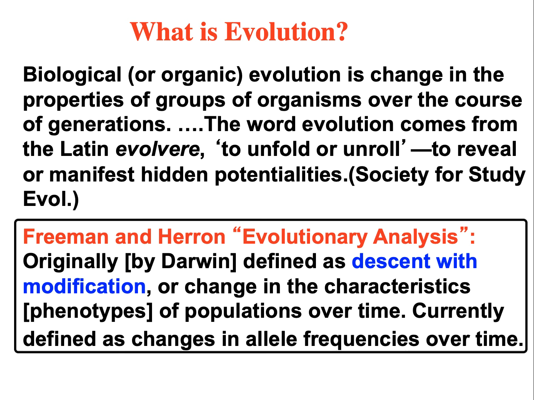Freeman and Heron, in their textbook, also define it, as originally defined by Darwin, as descent with modification. So these are phenotypes that change over time and are inherited, so there are descendants of those characters over time.